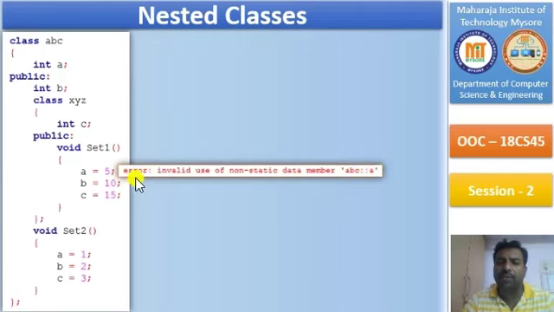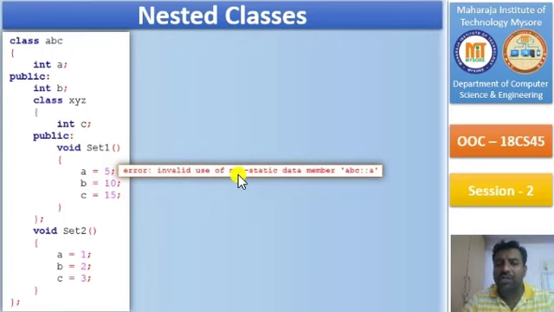This is the error, and what it points out is that you're not supposed to access the data member of the enclosing class inside the member function of a nested class. You're not supposed to access it. And one more point, note it down: the error is only for non-static data members.